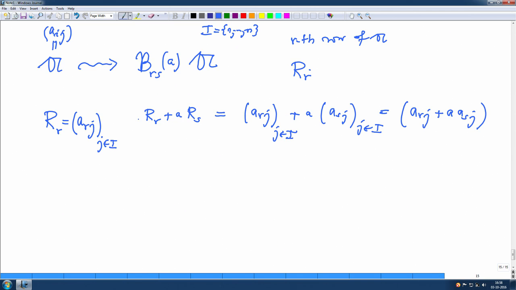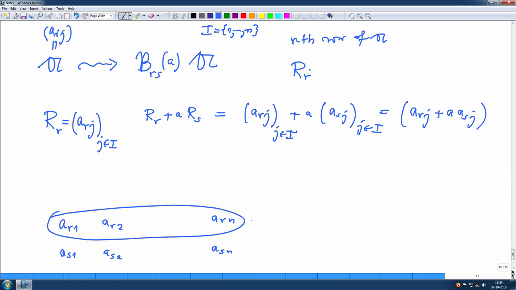And what did we do? The rth row is here, A_r1, A_r2, up to A_rn, and the sth row is, I am assuming s is bigger for simplicity, A_s1, A_s2, up to A_sn. And we have multiplied this sth row by a and added here. So this row will change to this plus a times this.